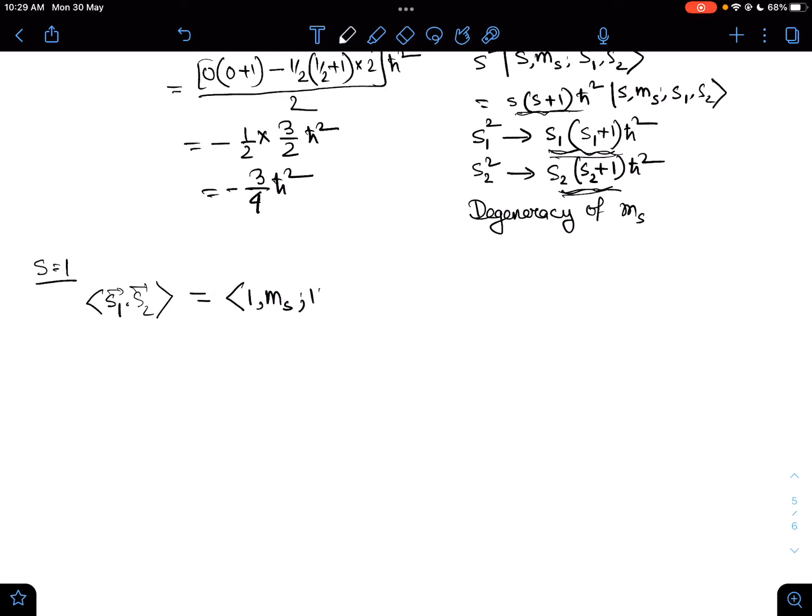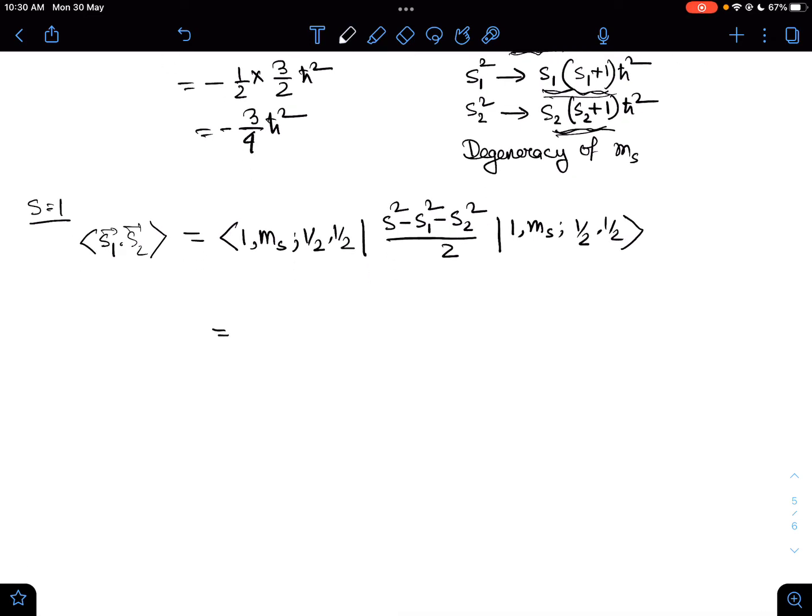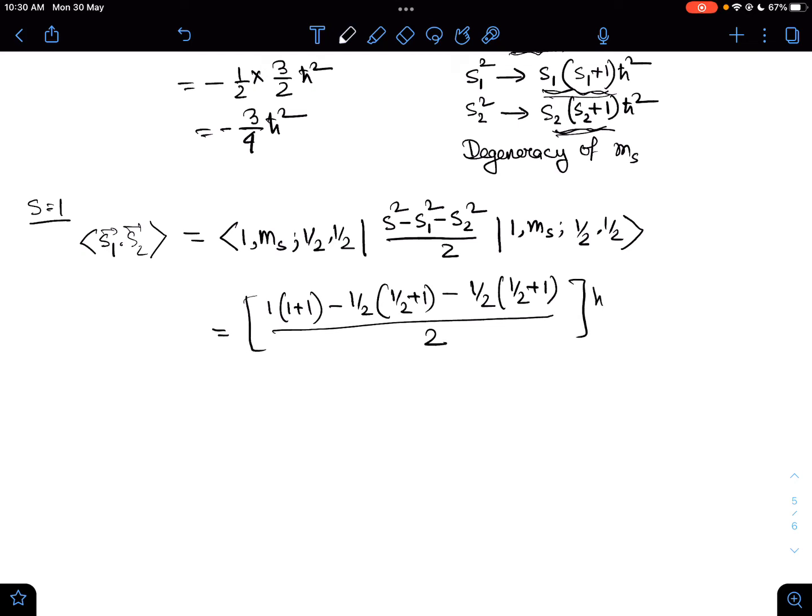So we have s1 and s2, we have this operator. Here we have the same state, 1 ms half. So what will be the value? We will get s into s plus 1 minus s1 into s1 plus 1 minus s2 into s2 plus 1, by 2, and we have h cut square here.